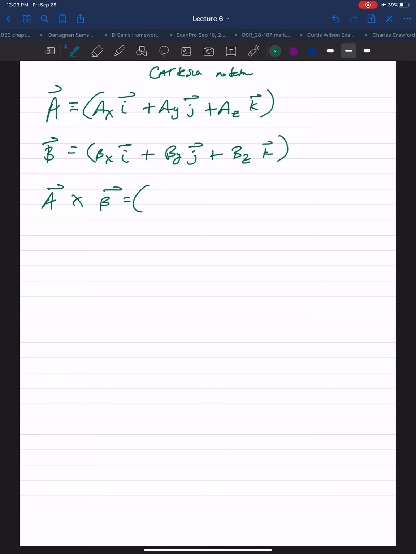It'll be AX times BX, then I cross I. Then I'm taking AX and multiplying everything in B, then I'll take AY, multiplying everything in B, then I'm going to take AZ, multiplying everything in B.